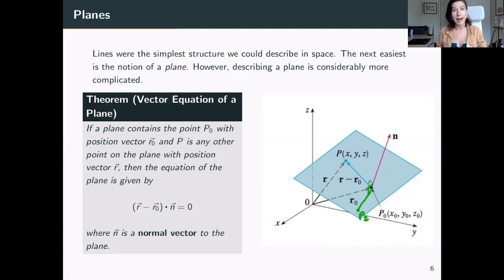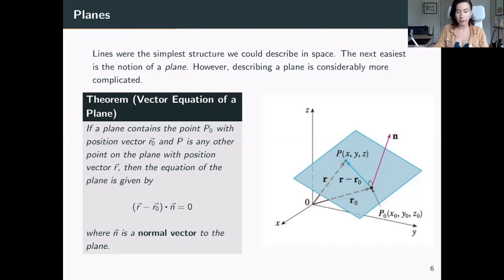As such, if I take the dot product of the vector n with any other vector on the surface, I should get a dot product of 0. Because remember, two orthogonal vectors will always have a dot product of 0. So if we look at this image, I define my R0 as the vector from the origin to the point P0. I define R as the vector from 0 to my arbitrary point on the plane.